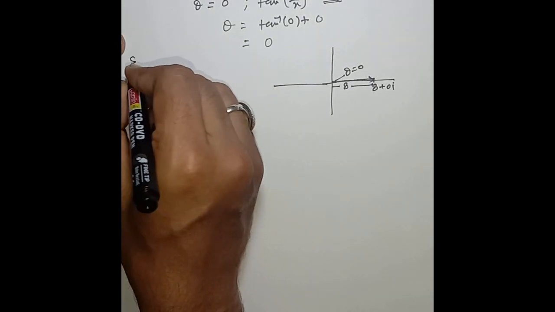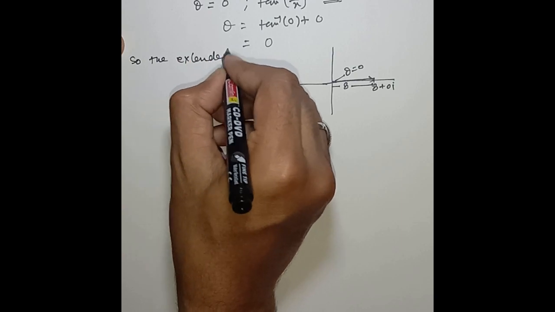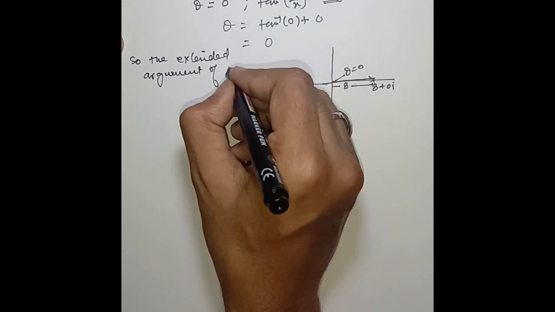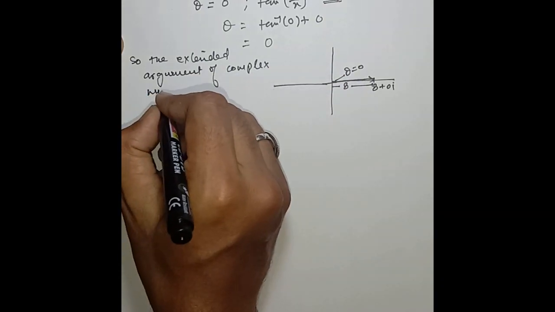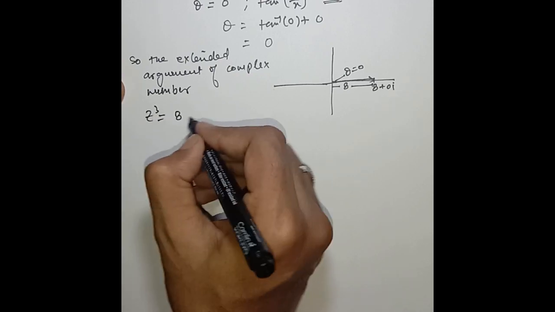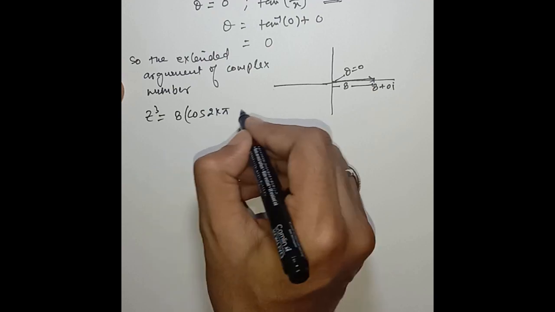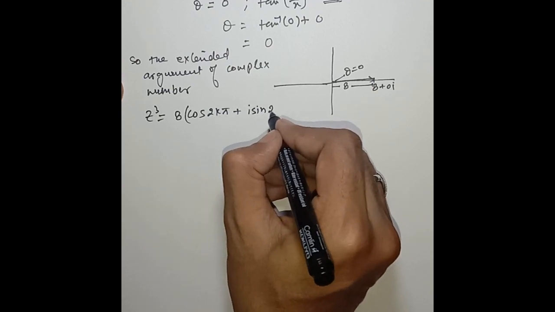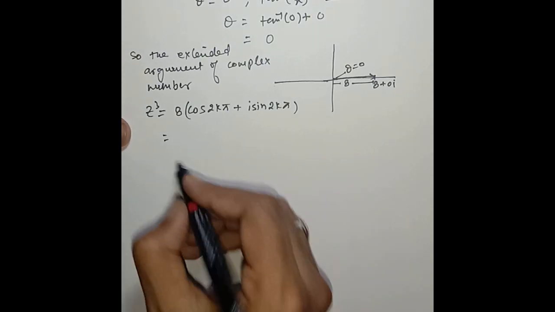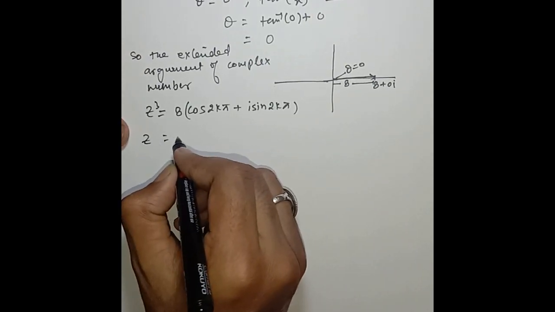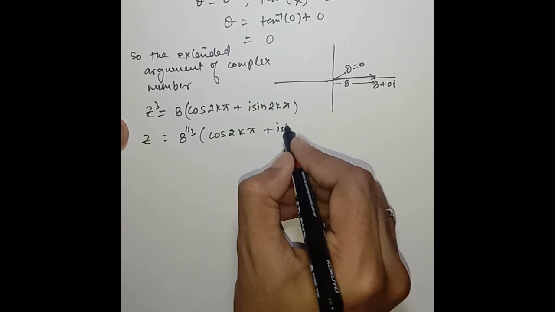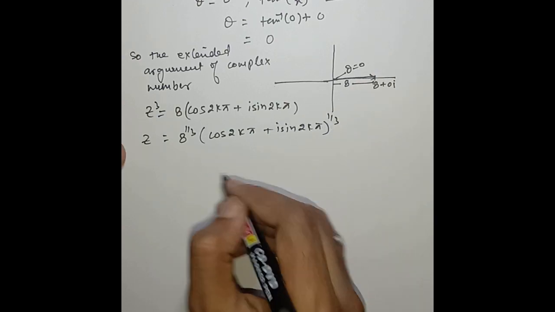So with the extended argument of the complex number, we can write z cube is equal to 8 (cos 2kπ plus i sin 2kπ). This gives z equal to 8 to the power 1/3 times (cos 2kπ plus i sin 2kπ) to the power 1/3, which is equal to 2.